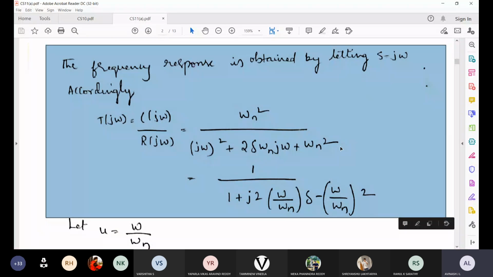So one should take this particular scenario. We can say put s equal to j omega. That's all, nothing else we are doing. Wherever you find s, you put s equal to j omega.